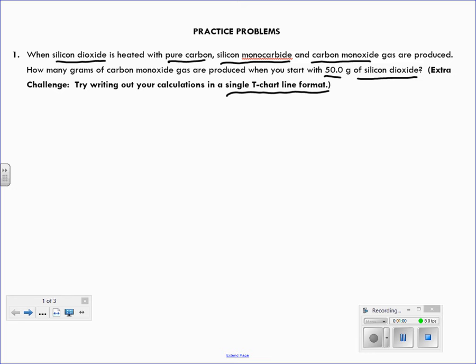So here we go, using the things that I underlined in the first sentence. Silicon dioxide, Si, dioxide is going to be O2. Heated with pure carbon, it is not genuine, so we just draw a C. We get silicon monocarbide, so that's just SiC, and carbon monoxide gas are produced.